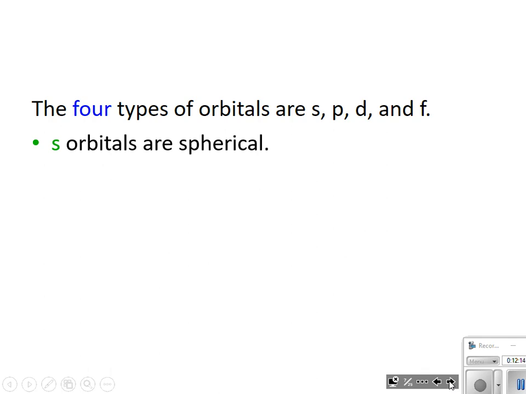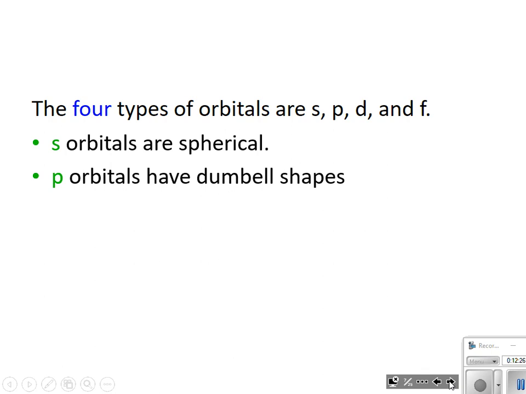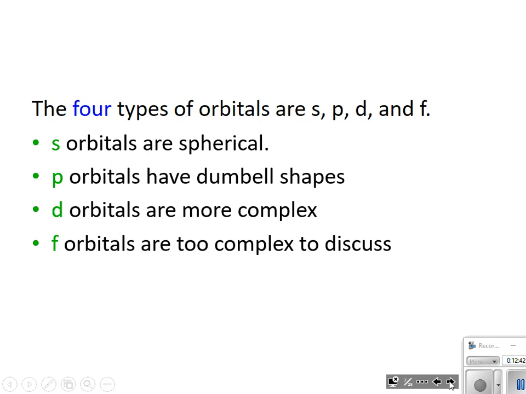S orbitals are spherical. P orbitals have a dumbbell-like shape. D and F orbitals, I can't really describe what they look like because they're pretty complex.